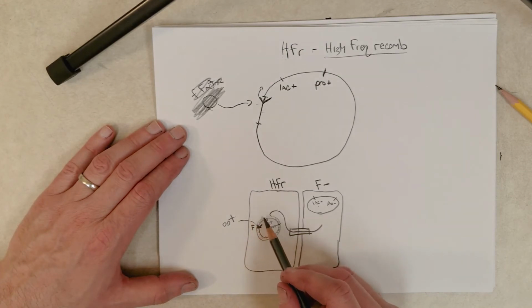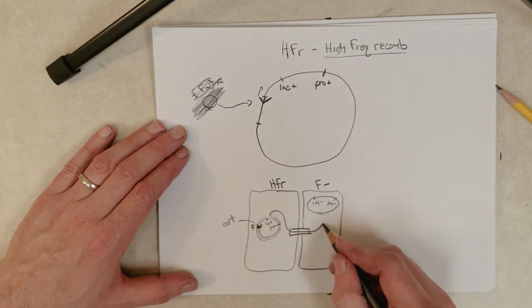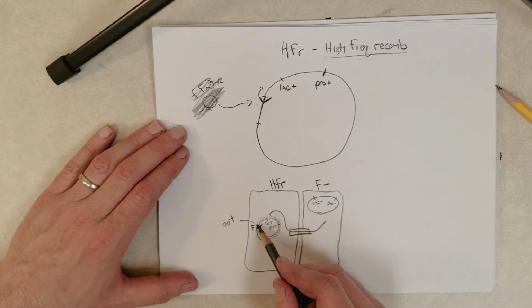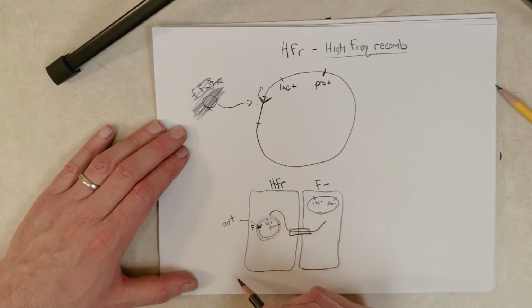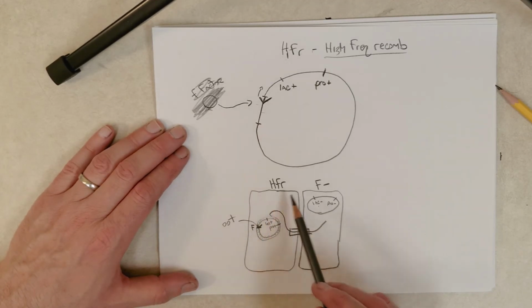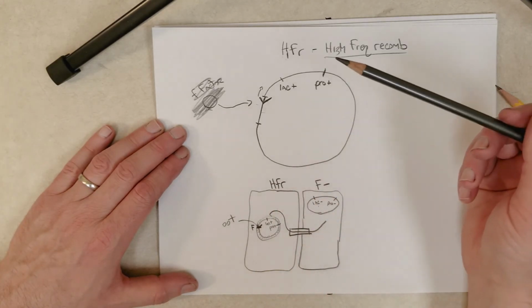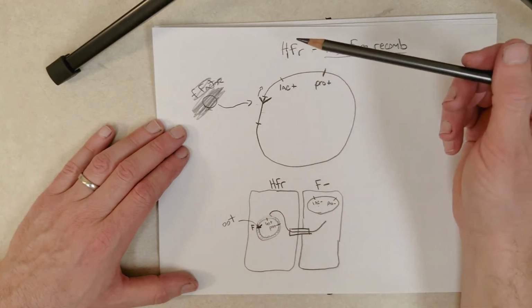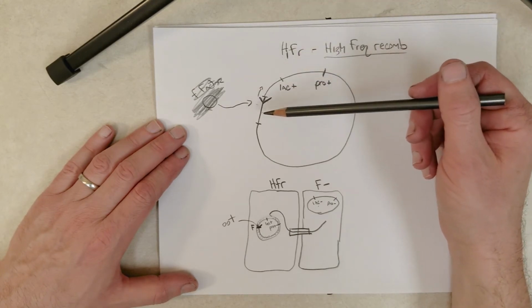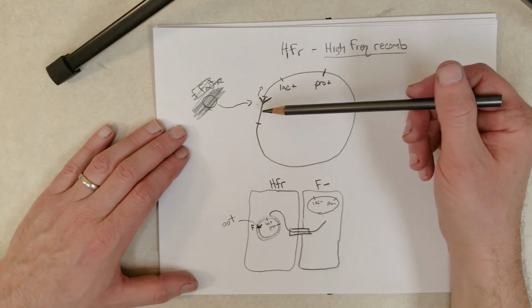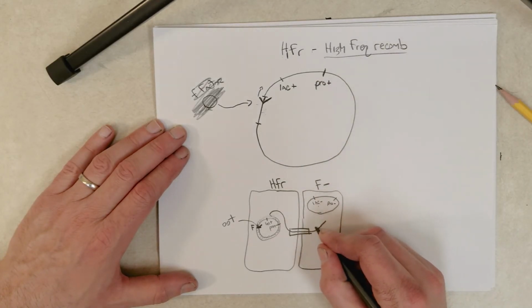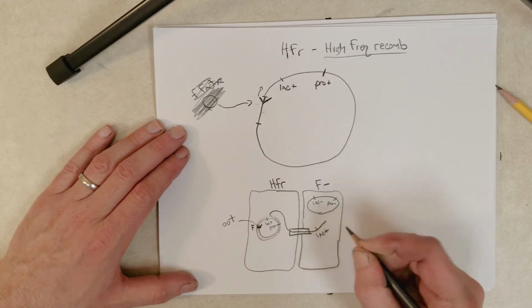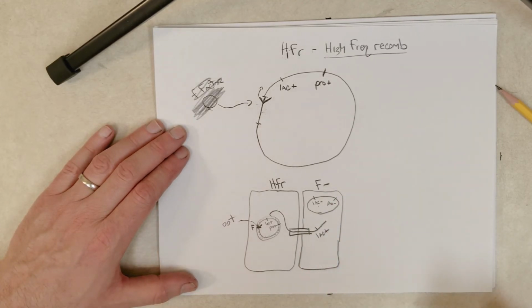So this DNA is going to be transferred, and because the oriT is always nicked at the same spot, and the DNA is always unwound in the same way, in the clockwise direction, every time we see a conjugation between an Hfr cell with this F factor integrated at this spot and an F- cell, the lac gene is always going to be delivered into the F- cell first, right?